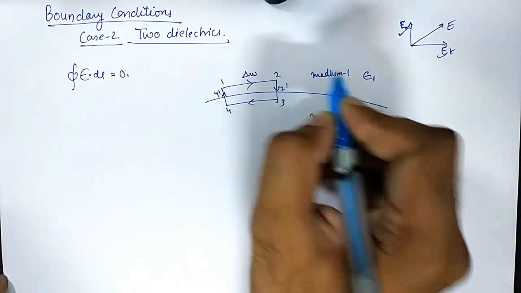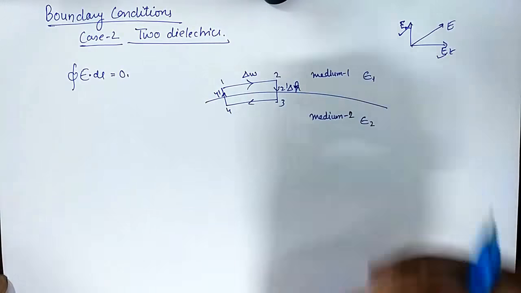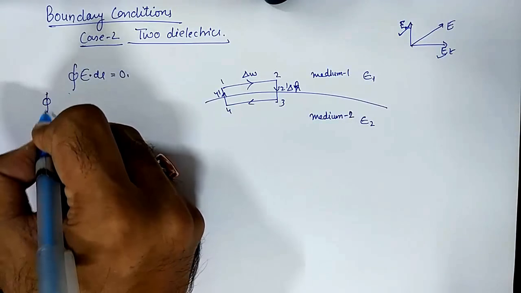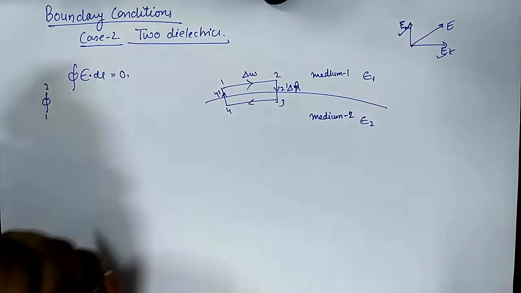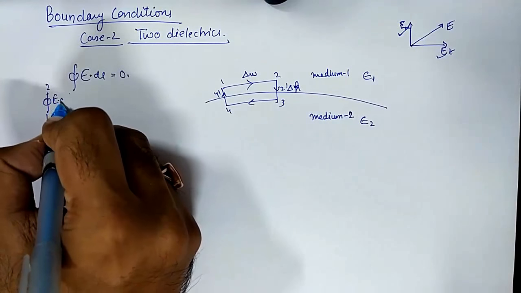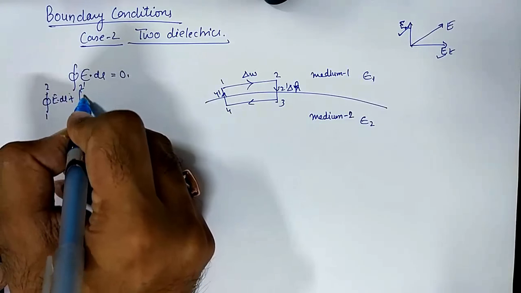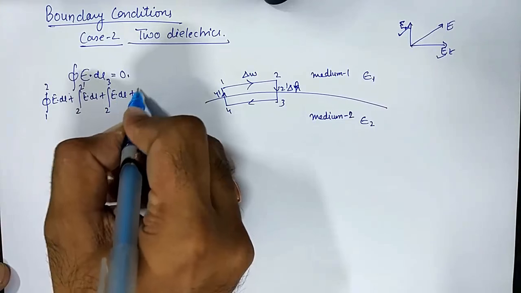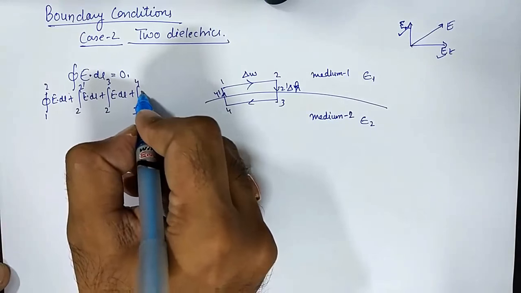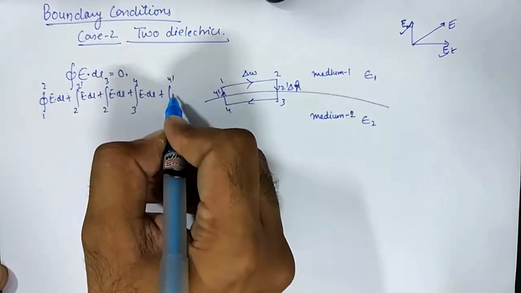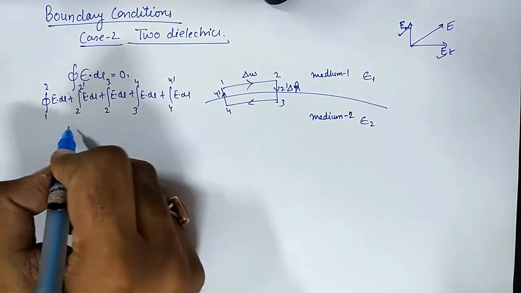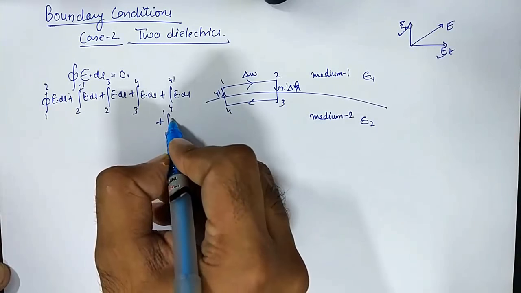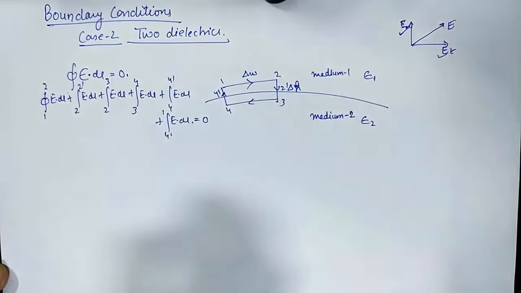This is taken as delta W, this is taken as delta H, and when we open the integration, we go from 1 to 2, E dot dl, 2 to 2 dash, E dot dl, 2 dash to 3, E dot dl, 3 to 4, E dot dl, 4 to 4 dash, E dot dl, and finally 4 dash to 1, E dot dl is equivalent to 0.